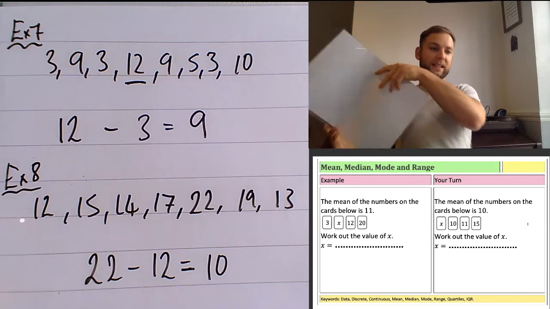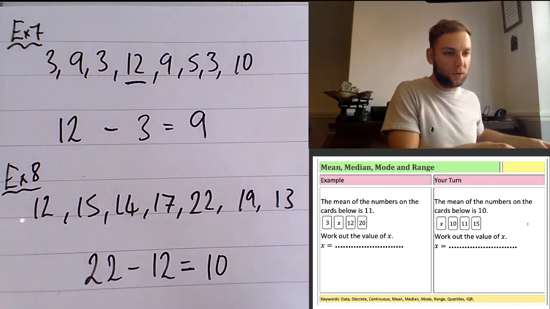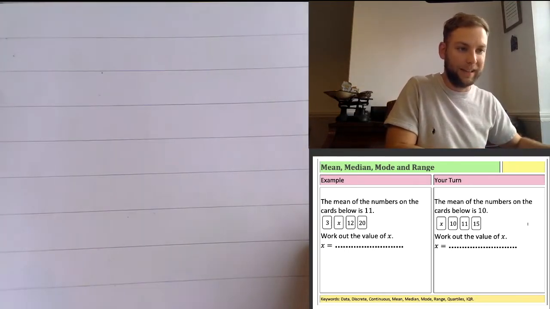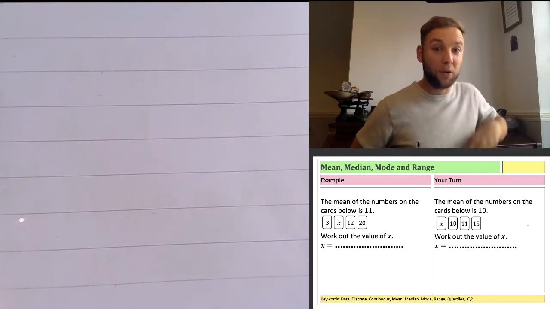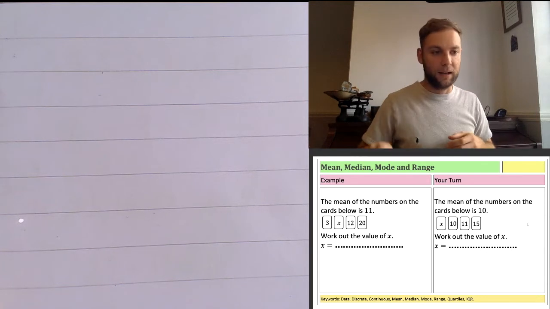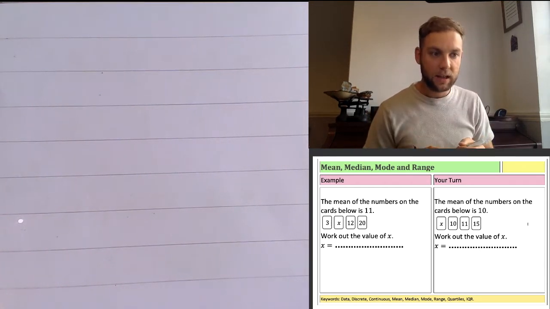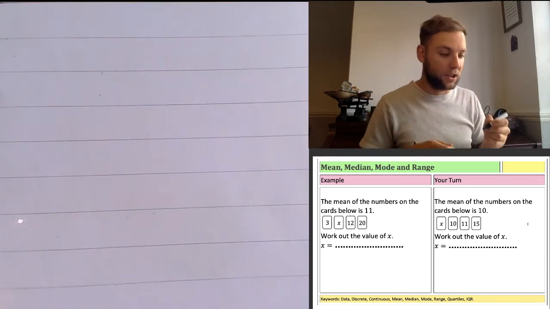And it says the mean of the numbers on the cards below is 11. Okay, work out the value of x. Now usually you add and divide to work out the mean, but when we know what the mean is, what we need to work out is the total.